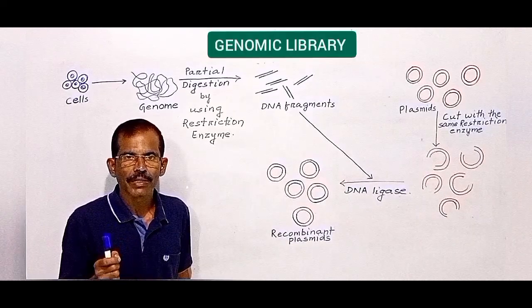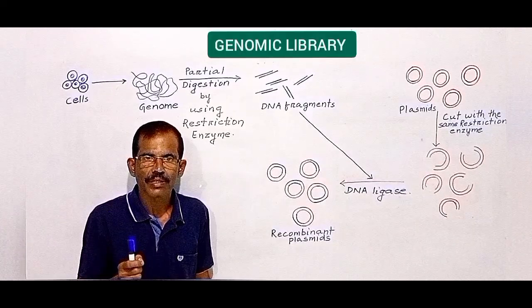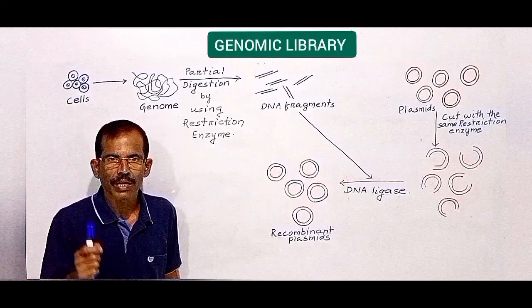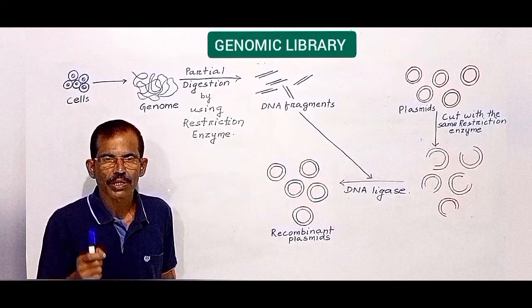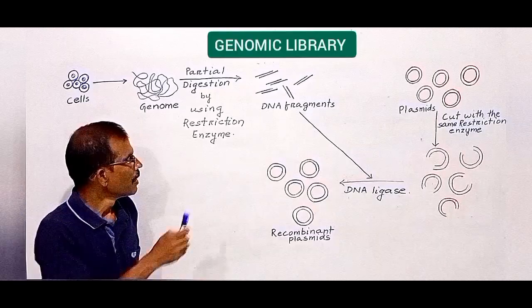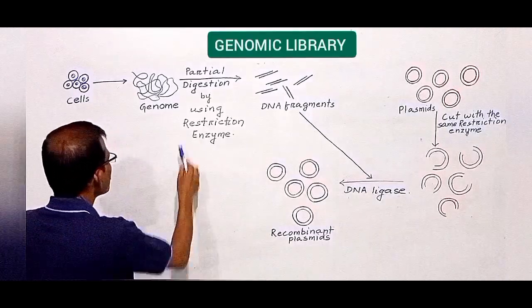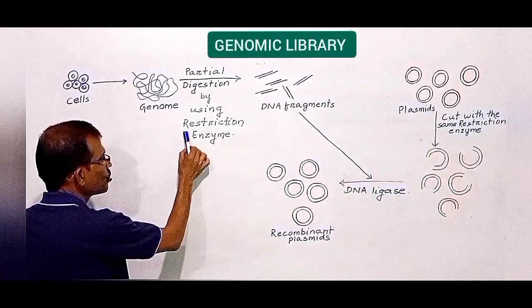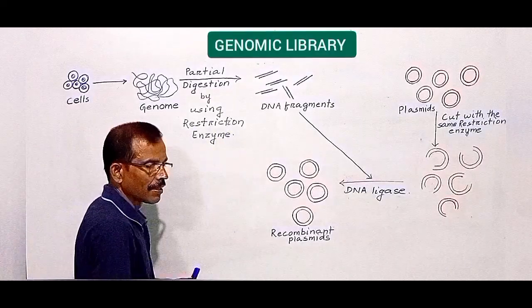DNA can be fragmented by different methods such as sonication, mechanical shearing or enzymatic digestion using restriction enzyme. In this example, the genome is subjected to partial digestion by using restriction enzyme.